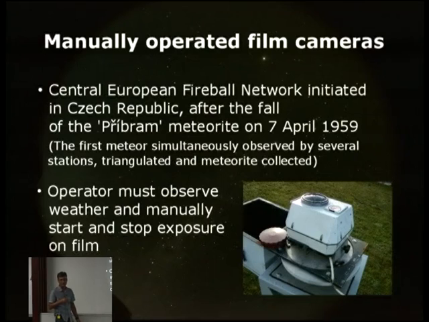I don't have any images, unfortunately. It captured the first meteor simultaneously observed by 2 stations, and it was quite happily triangulated and eventually the meteorite was found, and it was the first case of this kind ever.